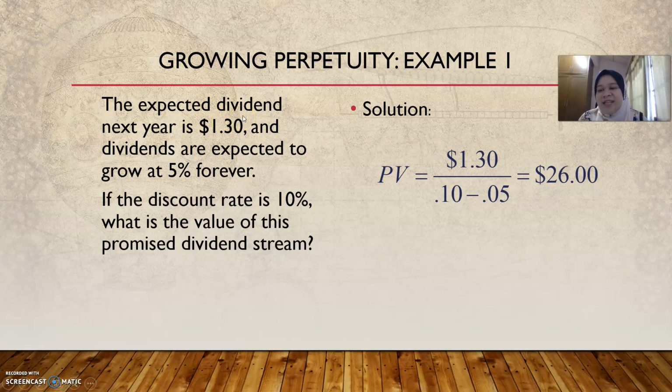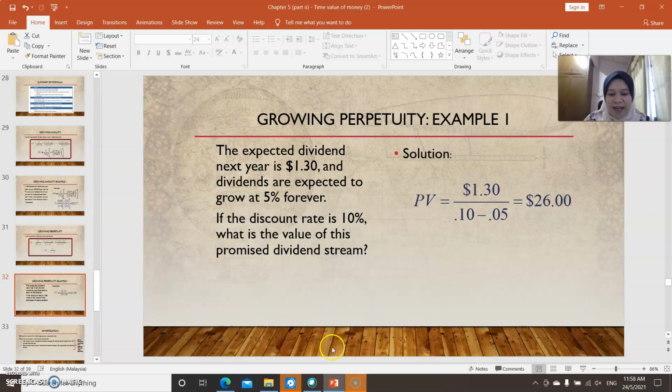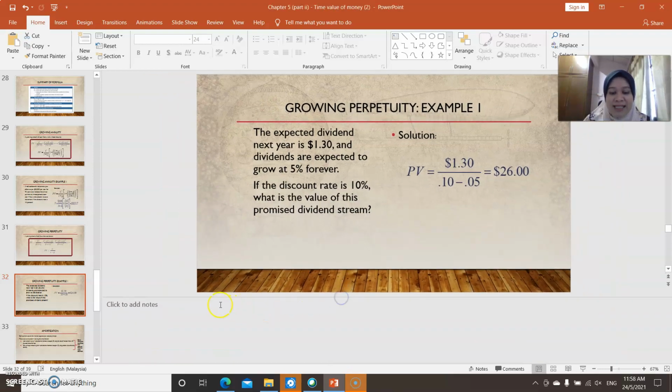The last year dividend times 1 plus G. Next year dividend equals the last year dividend times 1 plus G, the growth.